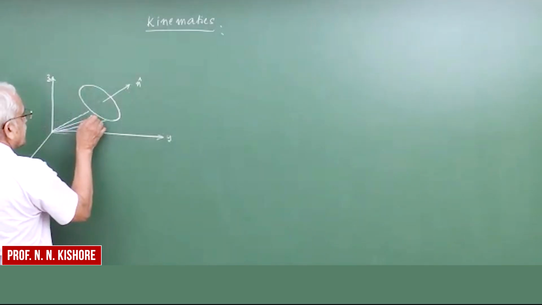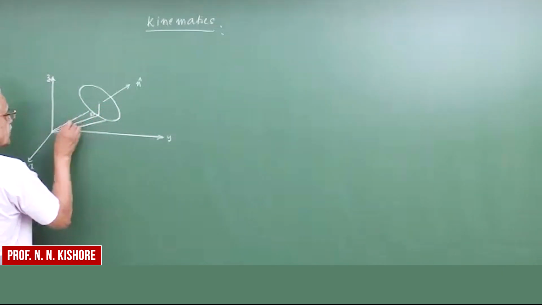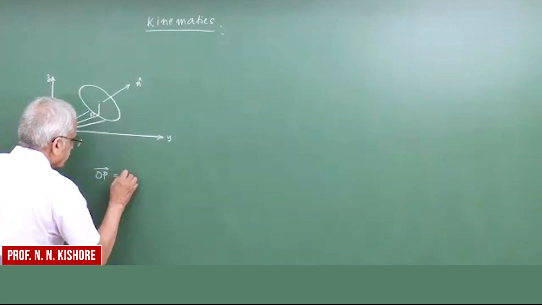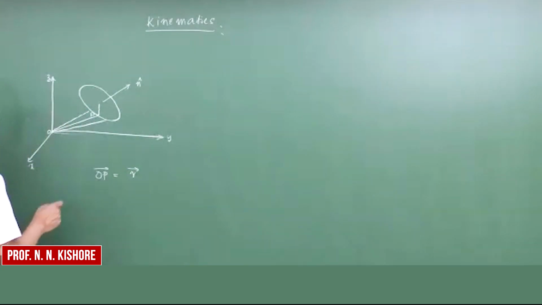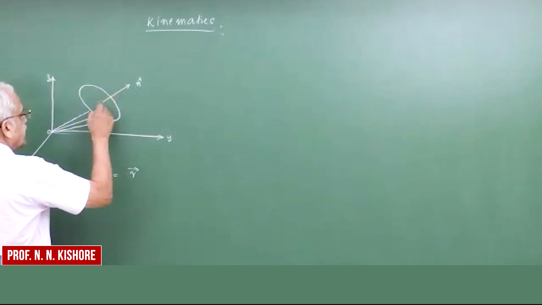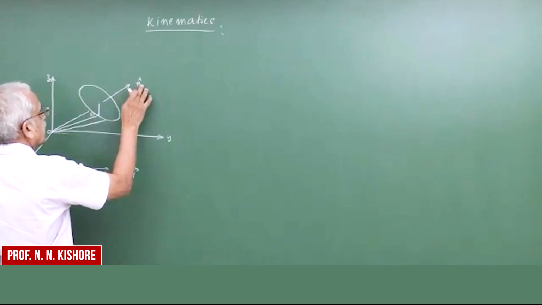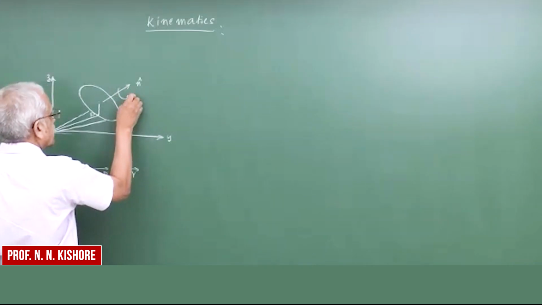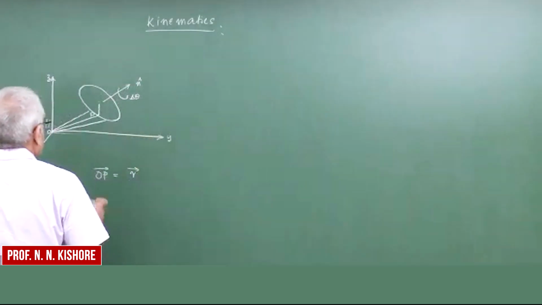Let us say there is a point P here, and OP is the position vector of point P. We are subjecting this point P to a rotation about an axis n by a small angle, let us say delta theta. We have seen this, so this is only a recapitulation.